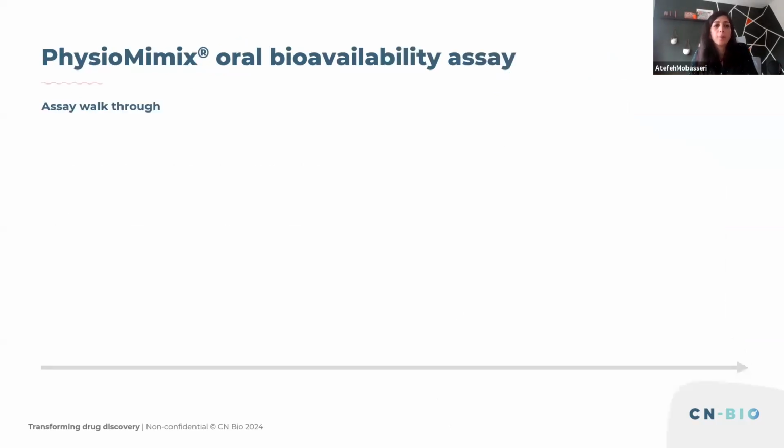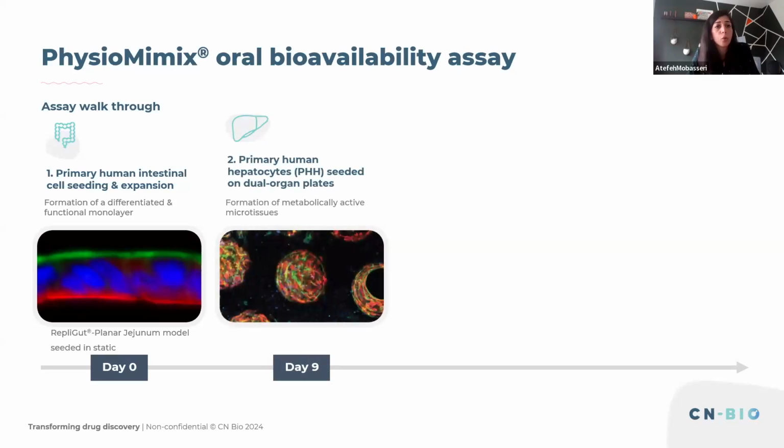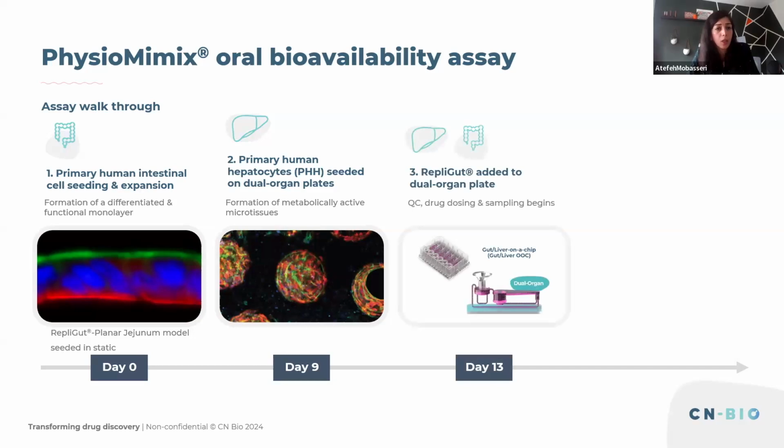The way that we design the oral bioavailability assay is that we culture and develop a primary human intestinal model, and we also culture primary human hepatocytes. Using the dual organ plate, we connect these two tissue models, and the media recirculates around the human intestinal tissue and the hepatocytes.